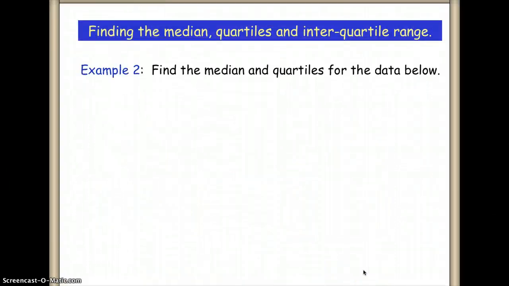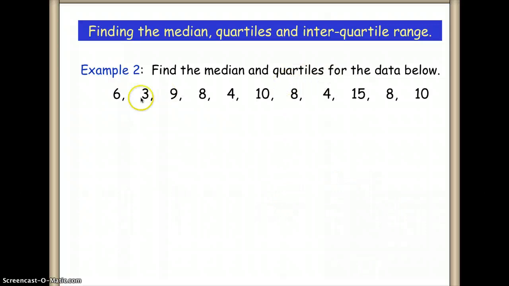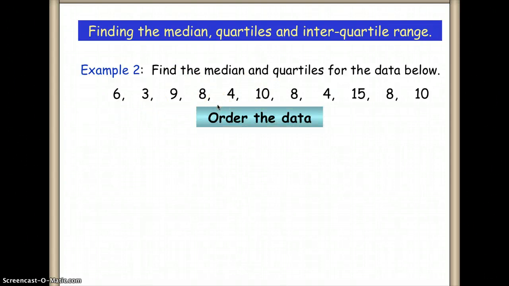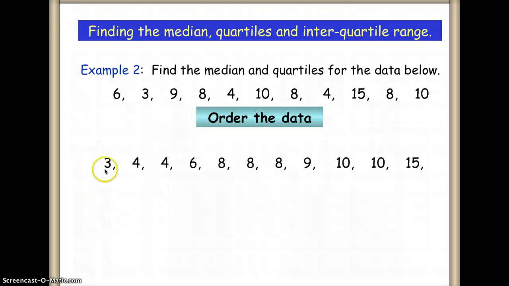Another example. You're given another set of data, but again, for you to get these, you need to arrange them from lowest to greatest, smallest to biggest. Now let's count our data items: 1, 2, 3, 4, 5, 6, 7, 8, 9, 10, 11.